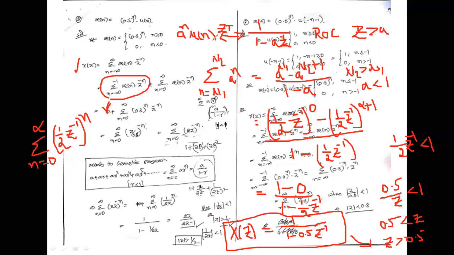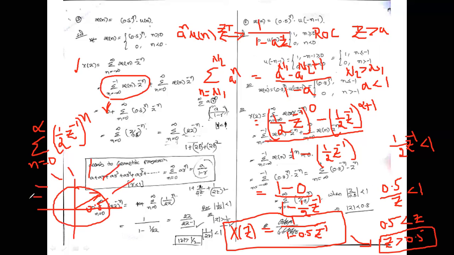Similarly, z is greater than a. What is a? 0.5. Okay, z is greater than a, nothing but 0.5. The ROC is outside the circle with the radius 0.5, totally outside the circle of 0.5, the region of convergence.